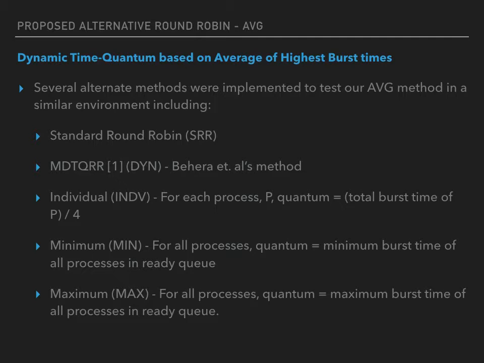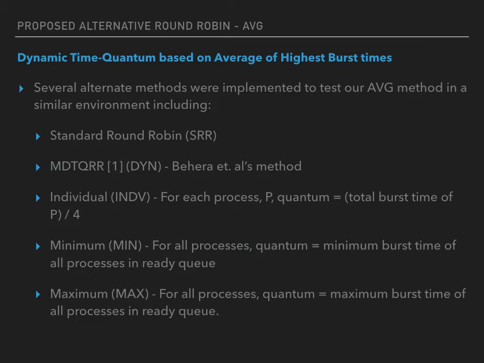Individual was one we designed, which sets the total burst time for each individual process to its own burst time divided by 4, which would result in a pretty small, but not the smallest, burst time.